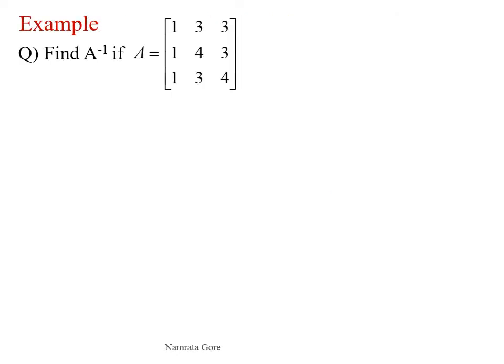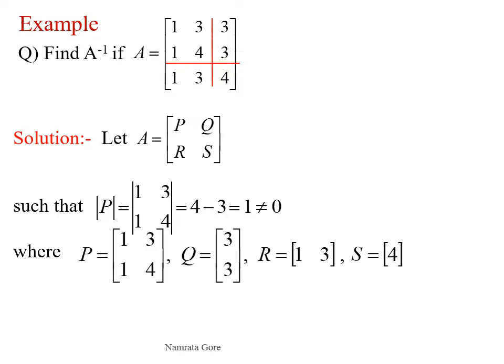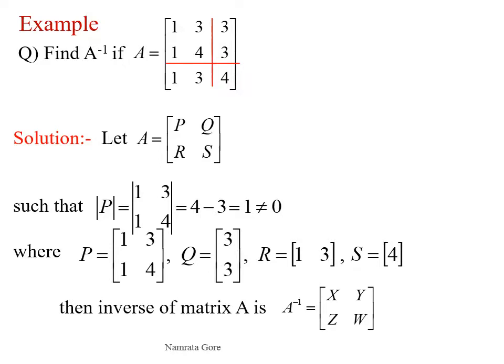Let us see the example. A inverse is partitioned as P, Q, R, S, where P is the 2 by 2 matrix 1 3 1 4, determinant not equal to 0, hence P inverse exists.